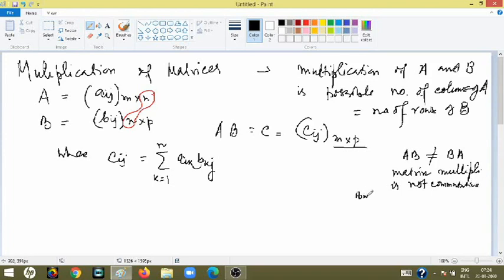However, it is associative: A(BC) equals (AB)C, if BC, AB, and ABC are defined.